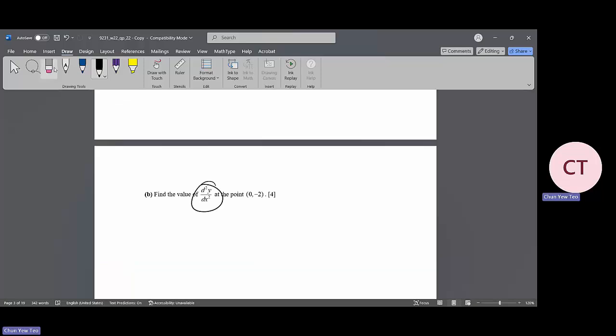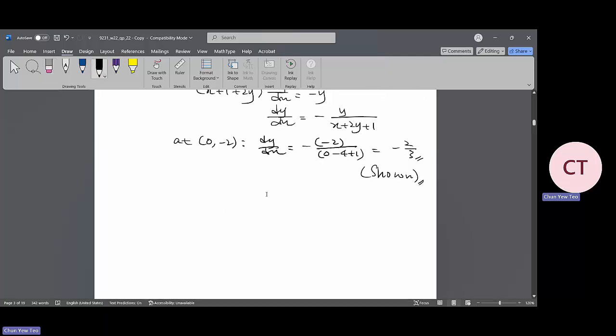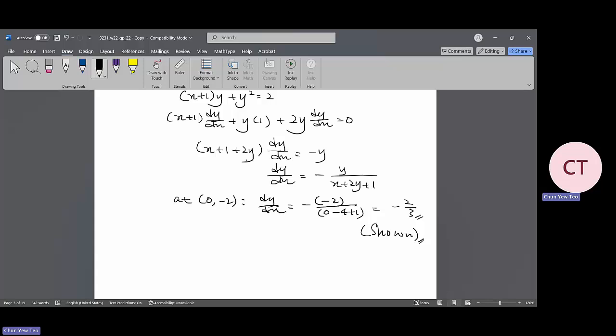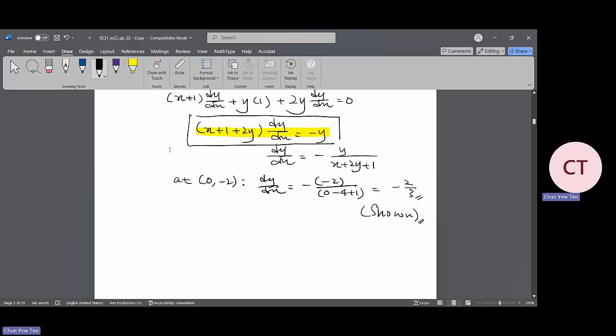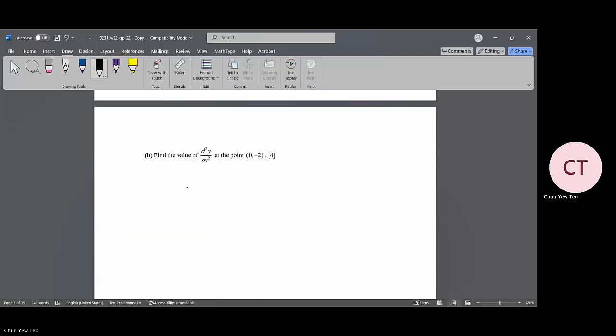We want to find d squared y over dx squared, so the second order differentiation. We will differentiate from here, which is better. Usually I will not differentiate from the other form, it will be more troublesome. So I copy down this result, (x plus 1 plus 2y) dy/dx equal to negative y.